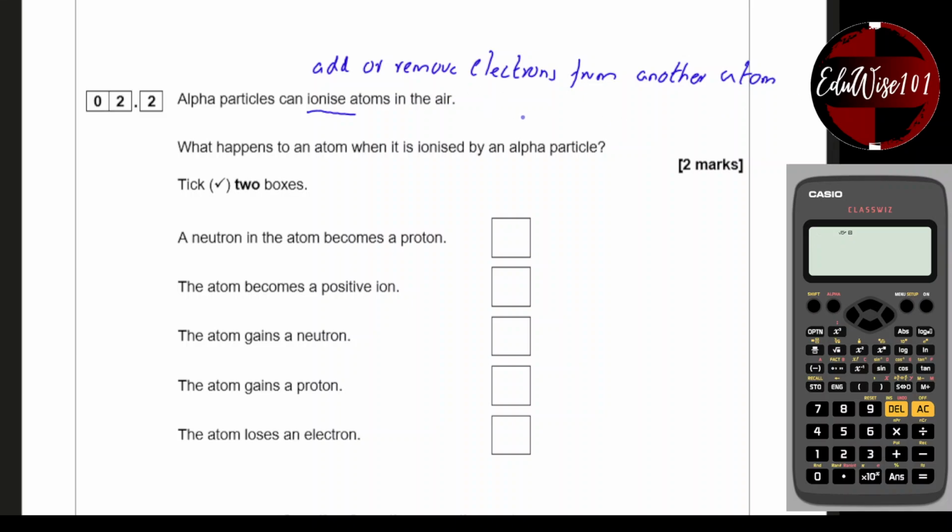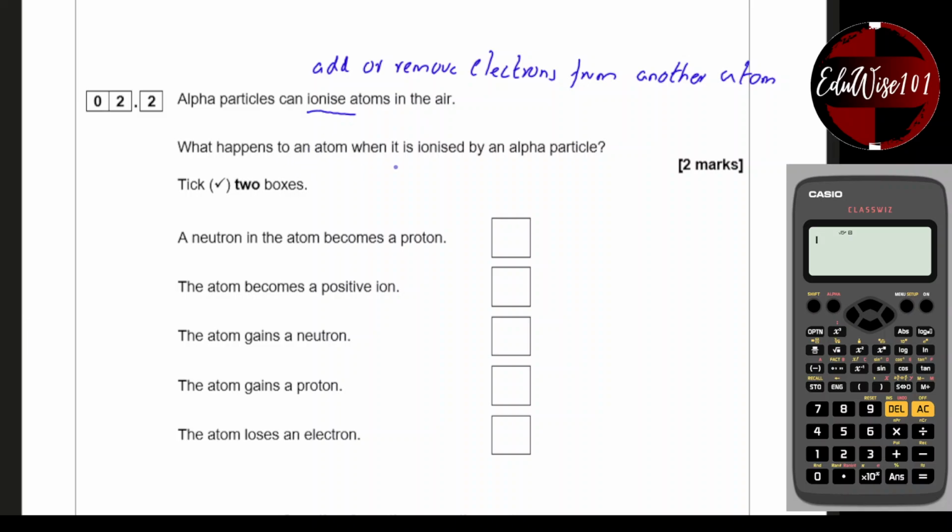An ion, on the other hand, is when an atom loses or gains an electron. So here what they're saying is an alpha particle can ionize, which means it can add or remove electrons from atoms in the air.